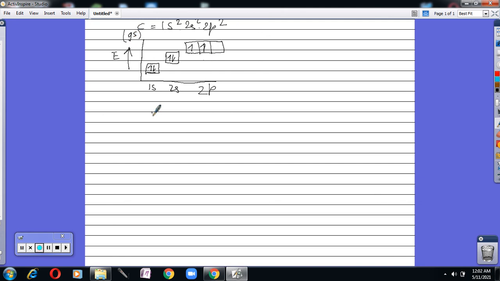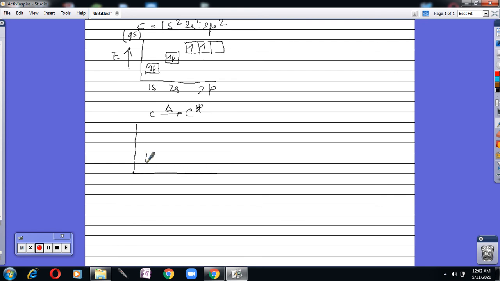Now when carbon is heated, it moves to the excited state, and this excited state has a different electronic configuration. How is it? Let's see.